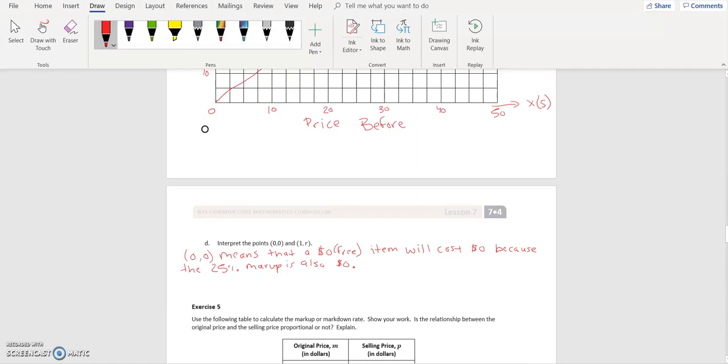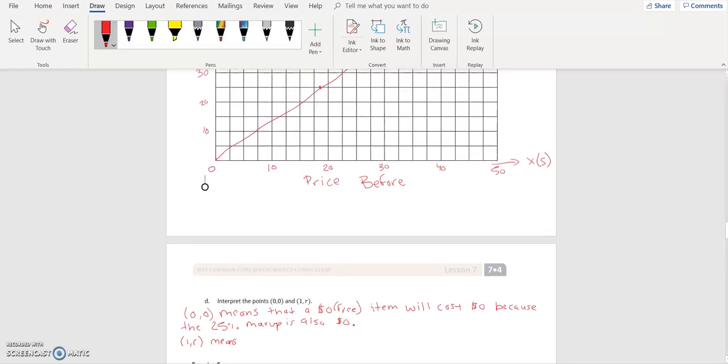And then our other point, 1, R, means, okay, so 1 is our x, so that's talking about right about here, 1, and then going up.